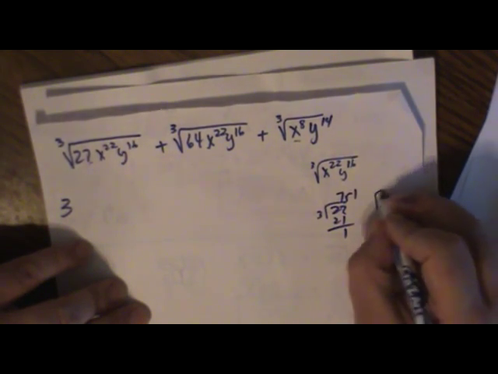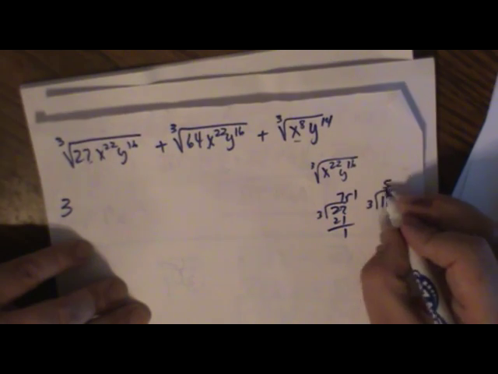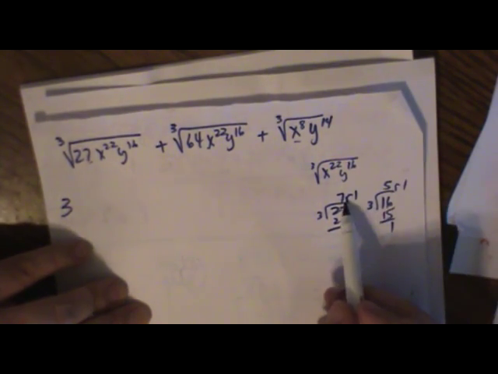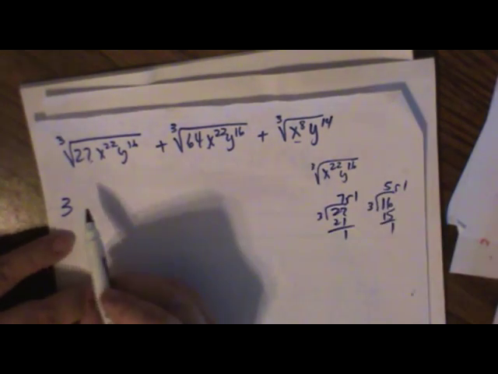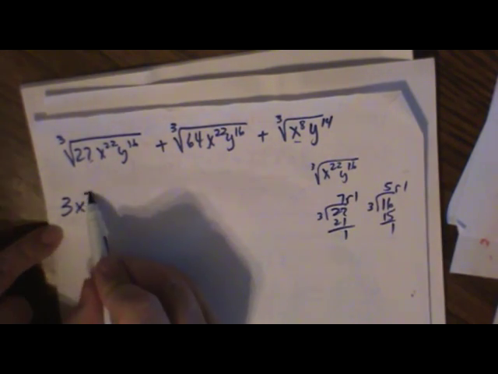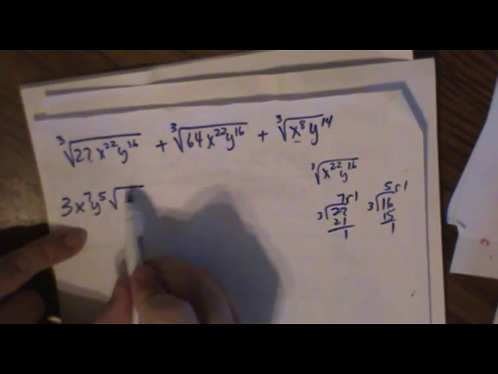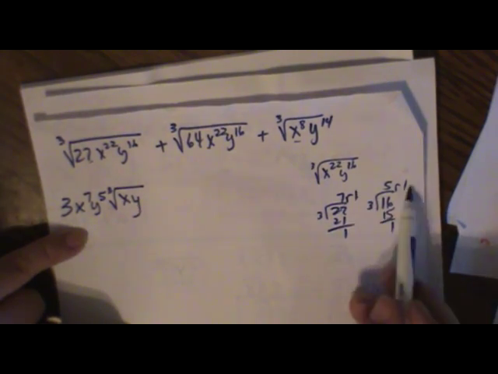Then we have 16 divided by 3. 5 times 3 is 15 with the remainder of 1 here. So we know 7 x's will come out and 5 y's will come out. But inside our cube root we have 1 y and 1 x left because of our remainders.